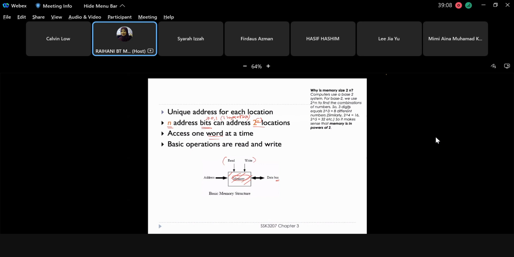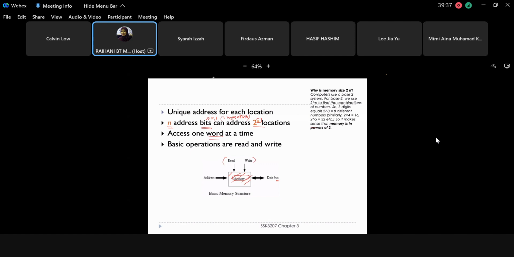So 3 digits equal 2 to the power of 3, which gives the result of 8 different numbers. Similarly, 2 to the power of 4 equals 16, 2 to the power of 5 is 32, etc. So it makes sense that memory is in powers of 2, because it has a base 2.